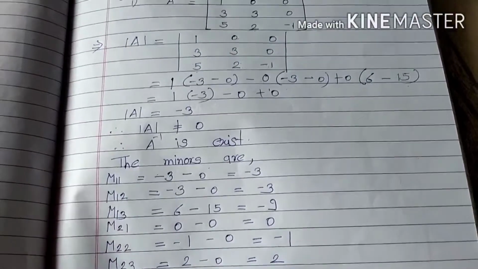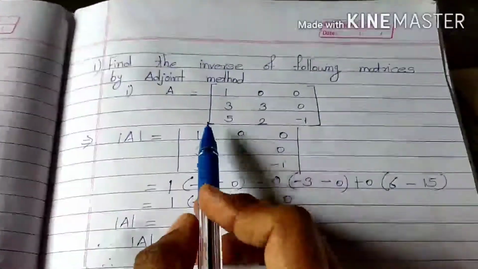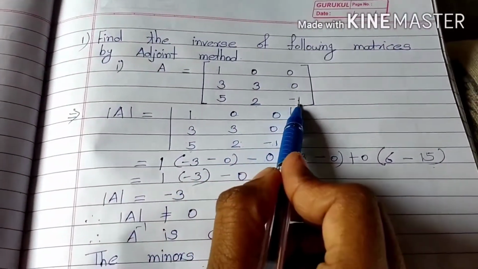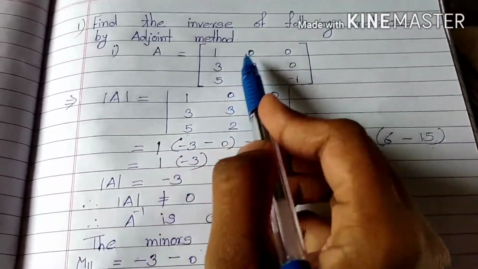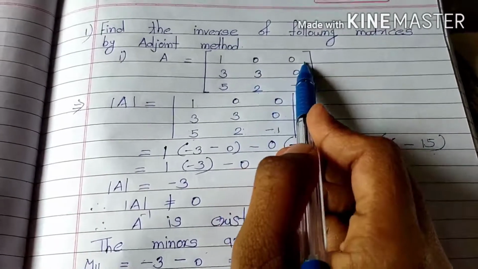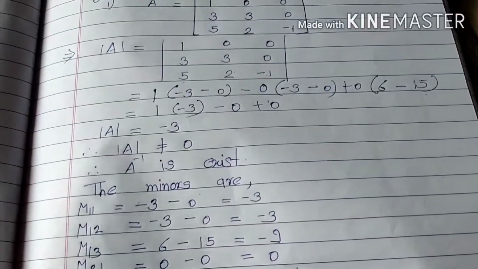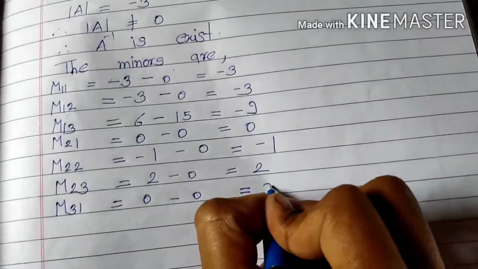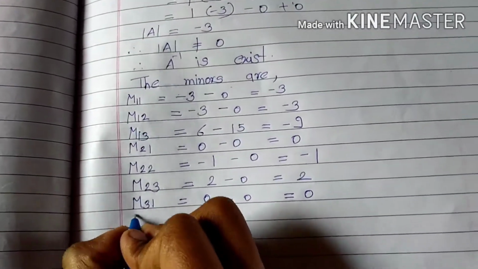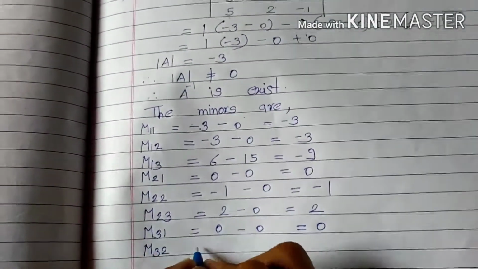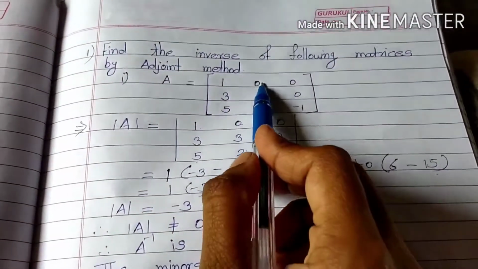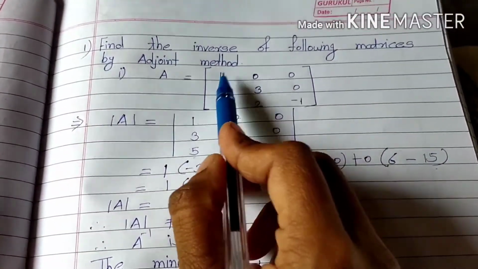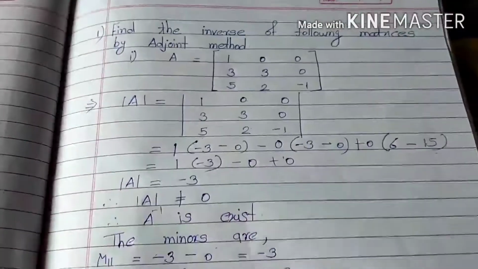Next M31, deleting the third row and first column, you get 0 into 0 minus 3 into 0 0. So 0 minus 0 is equal to 0. Next M32, after deleting the third row and second column, you get 1 into 0 0 and minus 3 into 0 0.